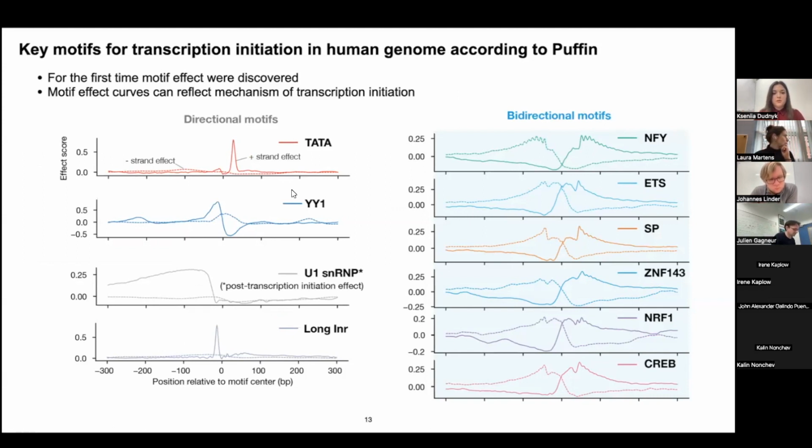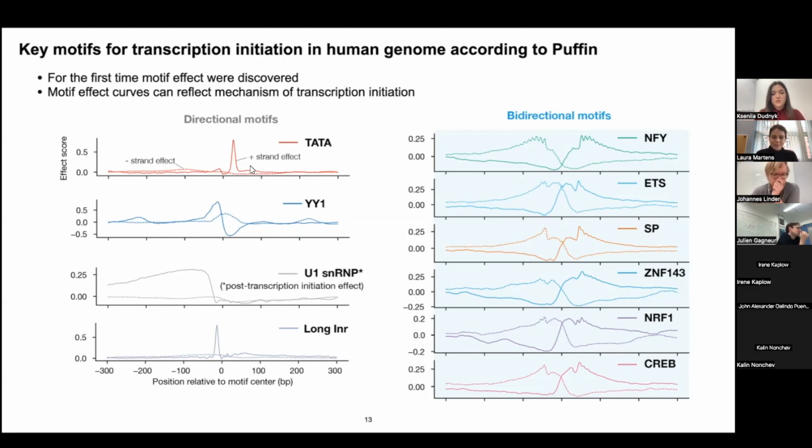And on this plot, the motif is located in the center, and the solid line shows the effect that motif has on the forward strand, and the dashed line shows the effect that this motif has on the reverse strand. And based on whether these two effects on the forward strand and on the reverse strand are symmetrical or not symmetrical, we can divide all motifs into two groups, directional motifs and bidirectional motifs.